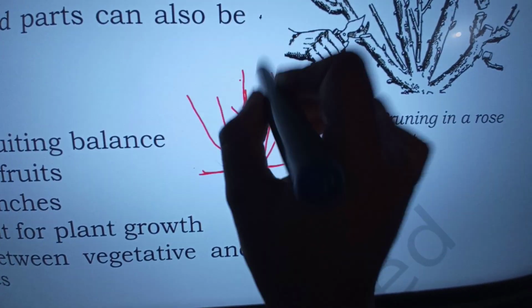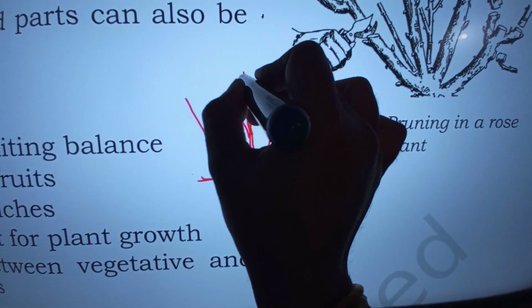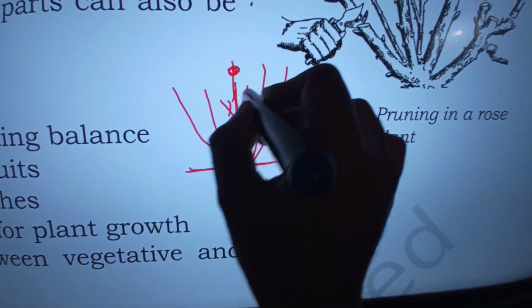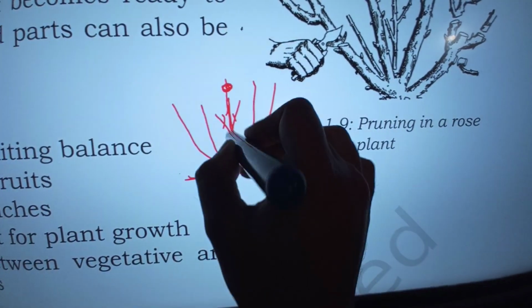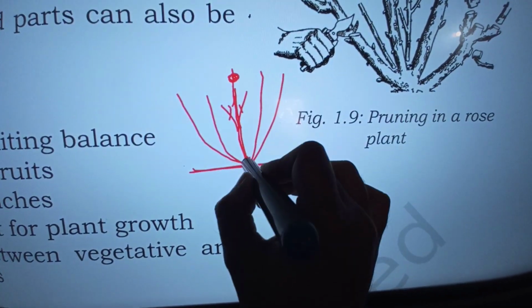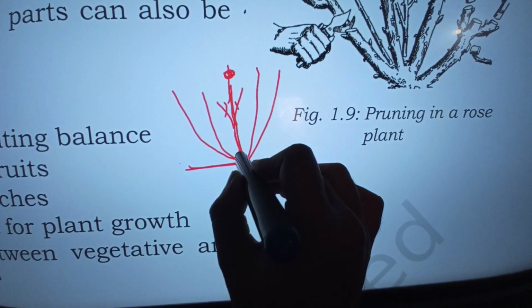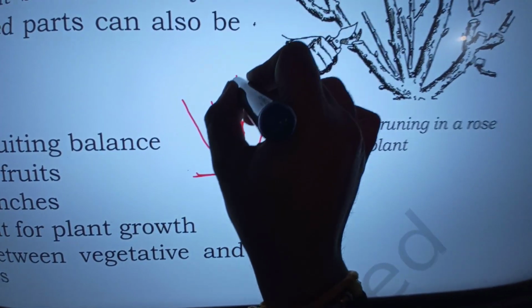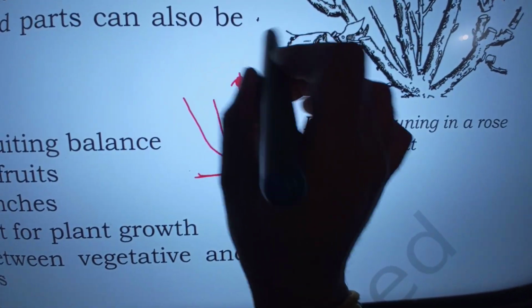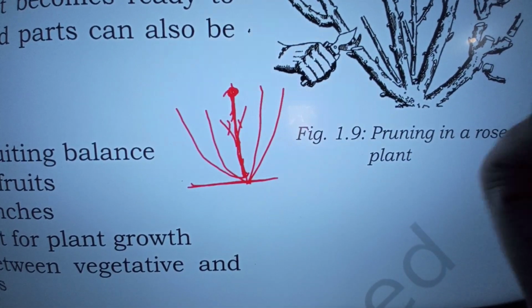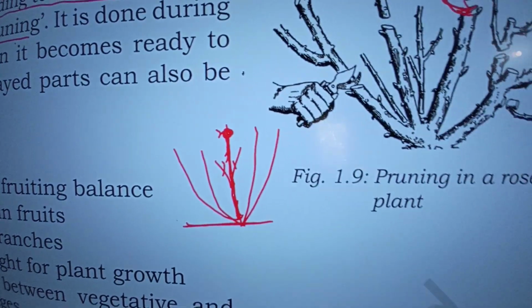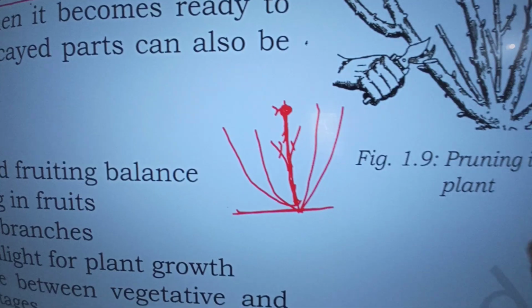If I want a big fruit here, then obviously I need to cut these 2 branches so that all the sap or all the nutrients absorbed by the root will directly be transported to that particular area, and it will give vigorous growth and also a quality yield. So this is the main reason for pruning.